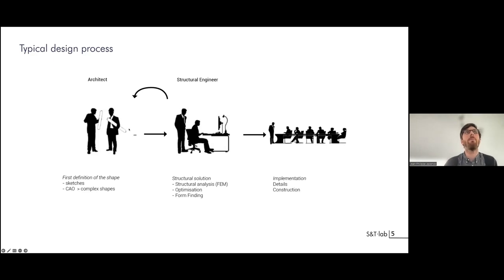What is a typical design process between architects and structural engineers? Basically, the way it typically works is that architects come up with sketches with very nice architectural ideas, which can be even crazier now that we have all these nice computer-aided tools such as Rhino, Grasshopper, and so on.